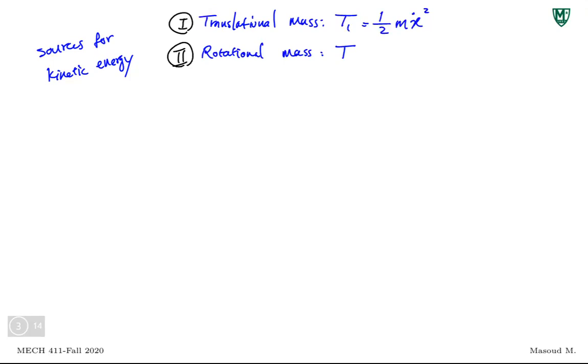This is T translational, T rotational. That would be 1/2 I. Right, now we deal with mass moment of inertia for that system. The mass has around that whatever point is rotating around. And omega squared, which I represented with theta dot squared. Right? Omega is derivative of rotational displacement with respect to time.